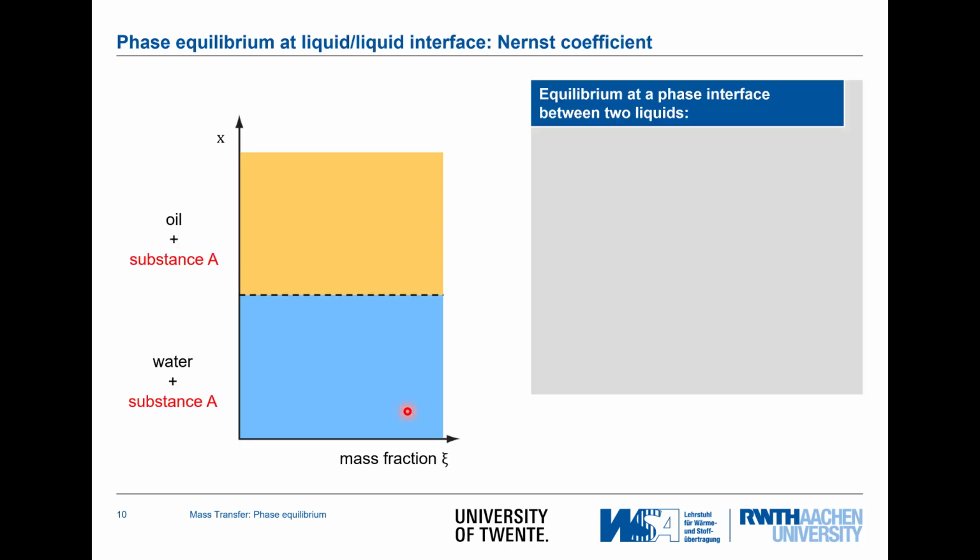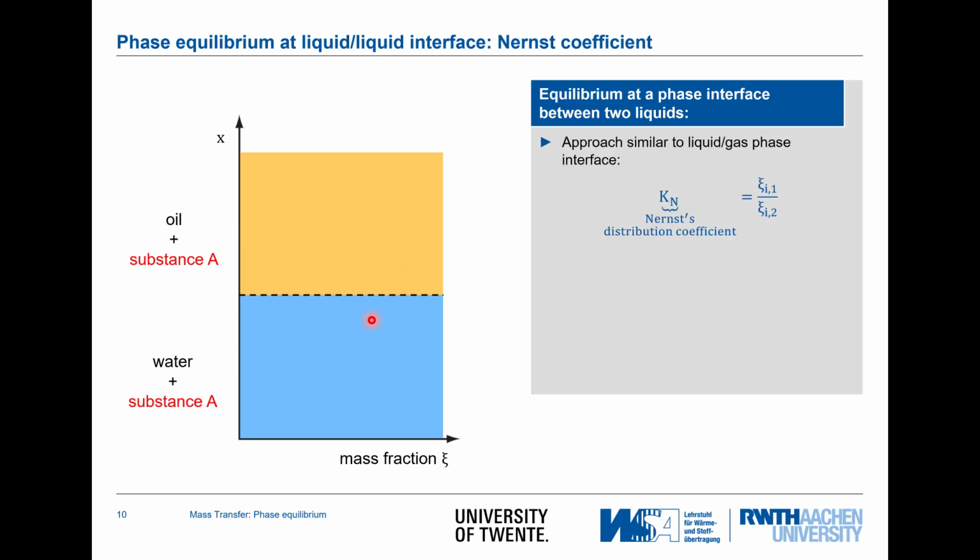And with that we look now at the equilibrium between two liquids. It will be treated in a very similar way. As I explained in the beginning, we talk here about oil sitting on top of a liquid and having again the substance A in.